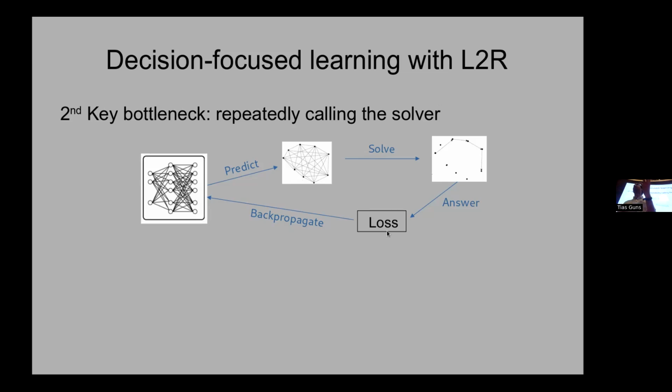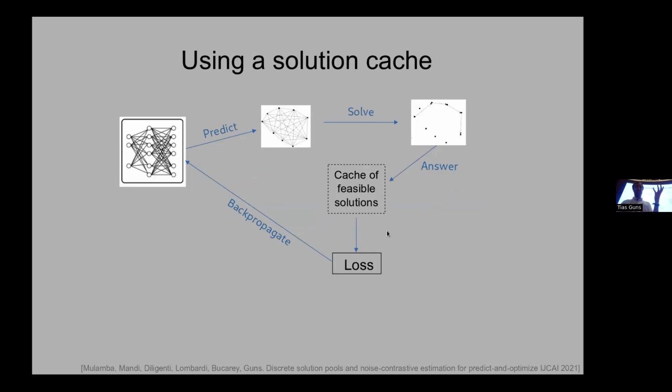And so a simple trick is to cache the feasible solutions that you obtain every time that you call your solver. Whenever you call your solver, you can keep the answer, store it somewhere, and then use your loss as before. And if you do that, then you automatically get a cache of feasible solutions that you can use, for example, in these learning to rank type of losses.